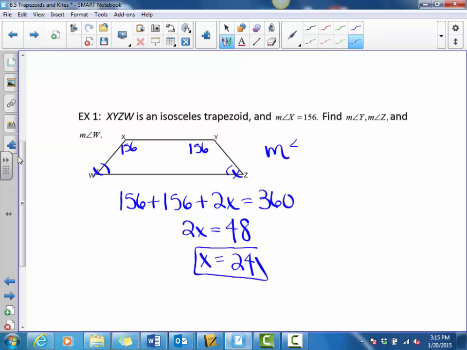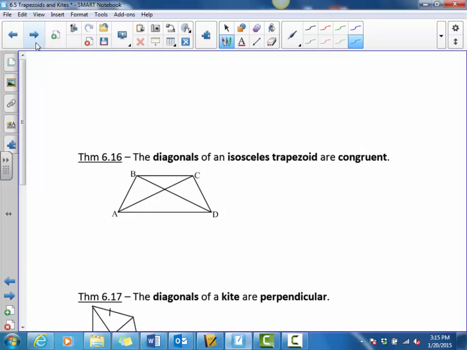So that means that the measure of angle W equals the measure of angle Z equals 24 degrees. Okay? All right. Theorem 616 says that the diagonals of an isosceles trapezoid are congruent. That means that segment AC is congruent to segment BD. And because they're congruent, I could also say that AC, the distance, equals BD. Okay?